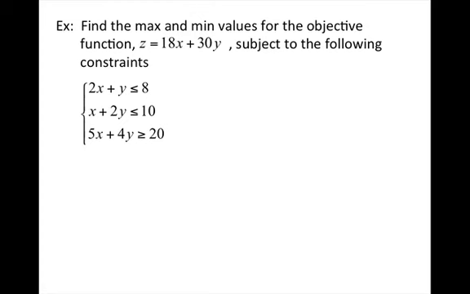So I begin by graphing each constraint. For each constraint, I want to find my boundary line, find my intercepts, use a test point, and then shade my graph. Well, first note, since all of the inequalities have the equal to signs, all are going to be solid boundary lines.